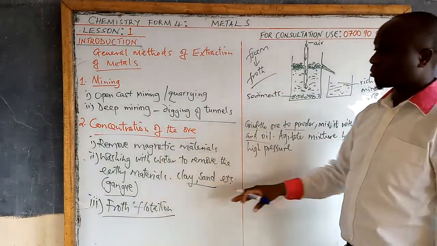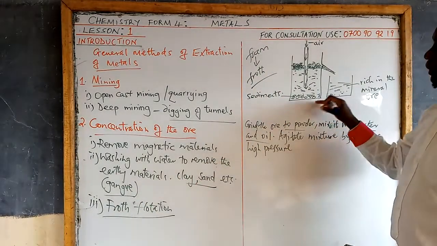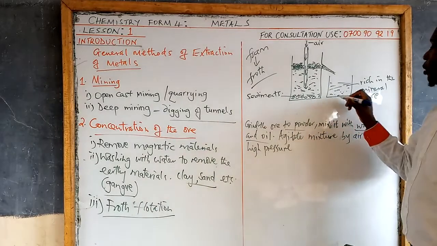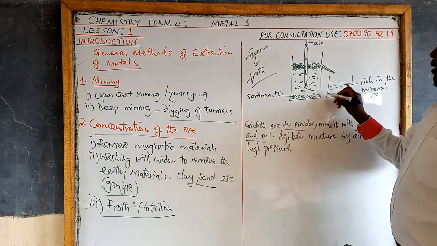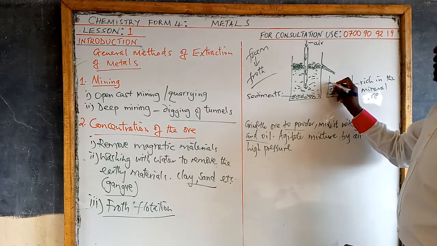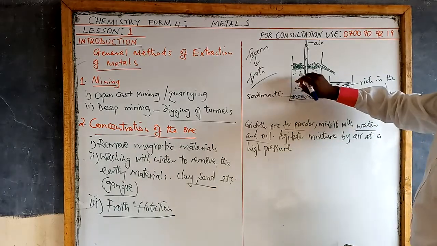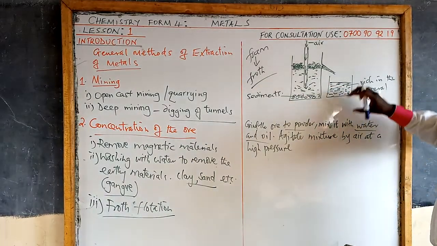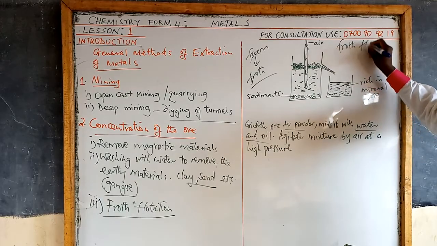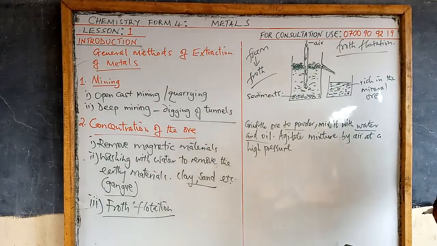Again, the other materials that were not removed by washing will be removed here. So the froth that is collected is rich. It has a higher percentage of the mineral compared to what was initially put here. So this is how we do the froth flotation. That will be the froth flotation process.